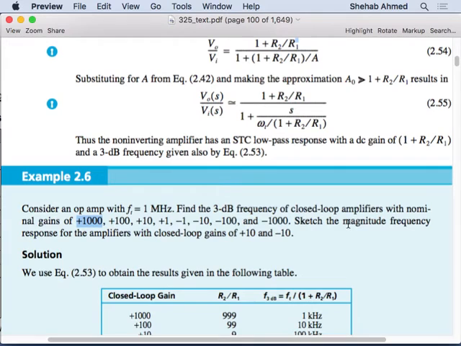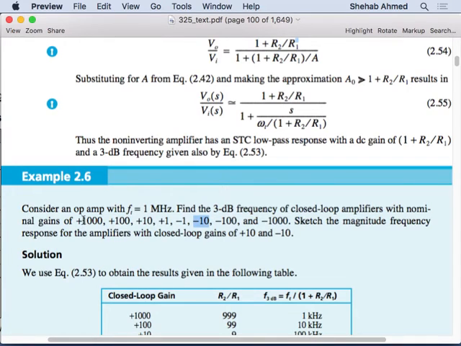So sketch the magnitude and frequency response for the amplifiers with closed loop gains of plus 10 and minus 10. For the ones that are plus minus 10, they want you to sketch them. For the others, they just want you to calculate. So find the frequency of the closed loop amplifiers with nominal gains, so and so.